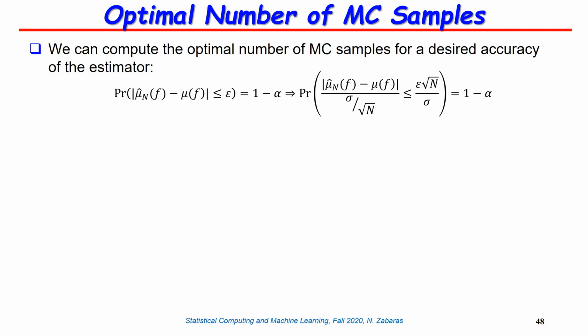And they converge very nicely, and you can start posing simple questions similar to the inequalities that we saw before. So you can start asking yourself, if I want to compute the probability that my Monte Carlo estimator for the integral is away from the true value of the integral by epsilon, and if I want this to be, for a given epsilon, 1 minus alpha, how many samples do I need?